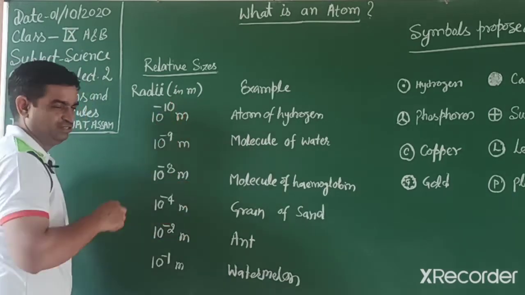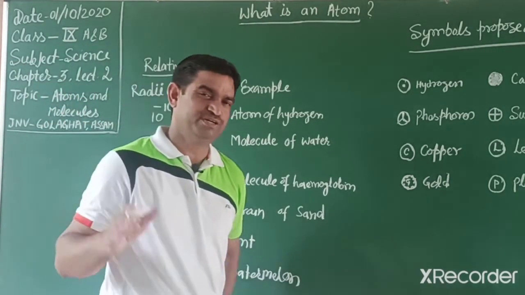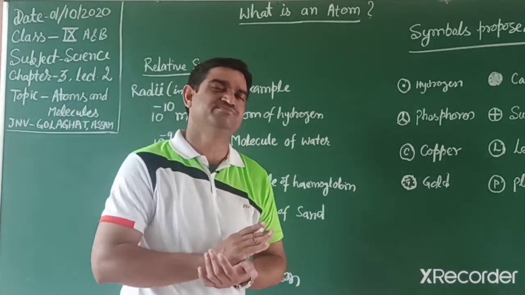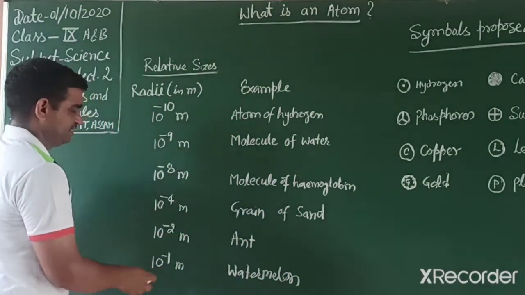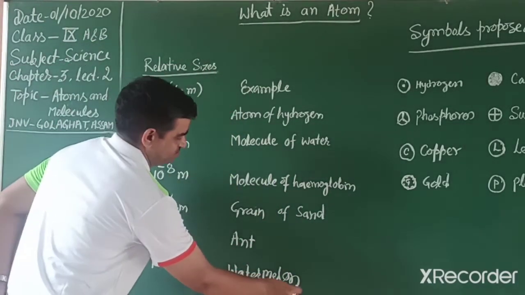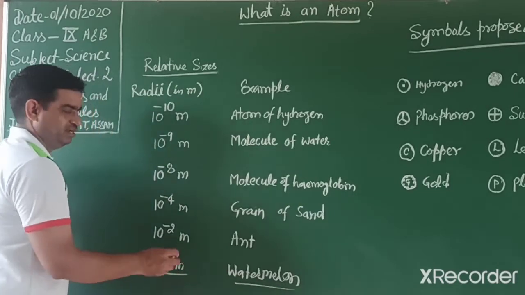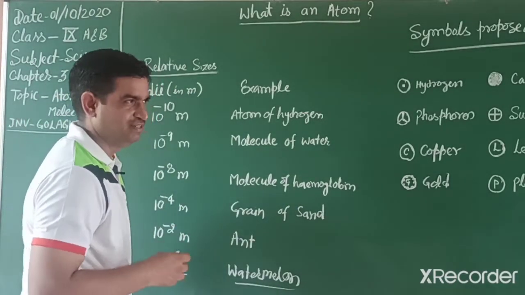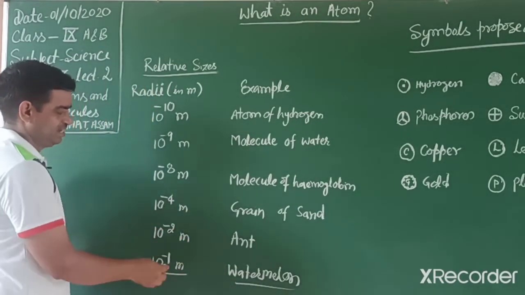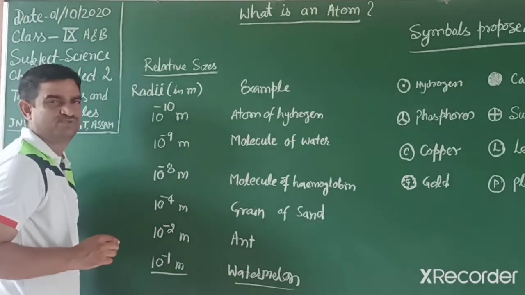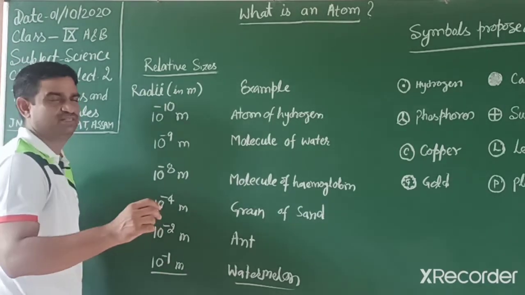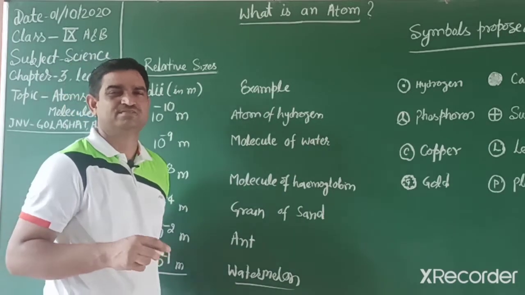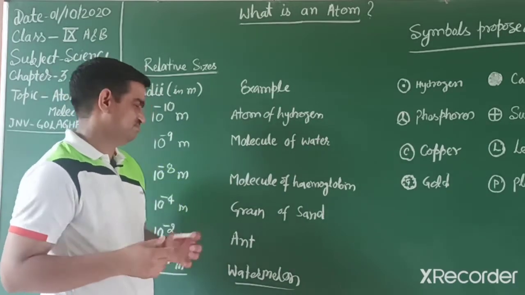You have seen in your NCERT book the relative radii and different examples. We can compare a watermelon. You have already eaten watermelon in summer; its radius is 10 to the power minus 1 meter, which means we can say a 10 centimeter radius.